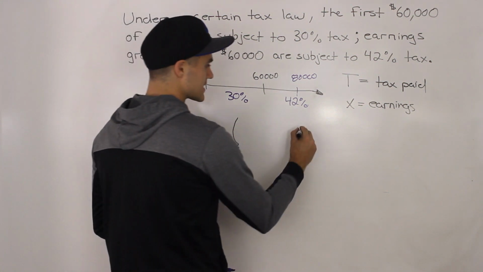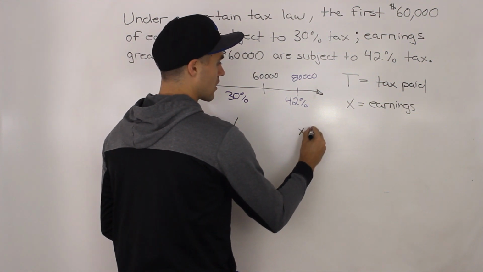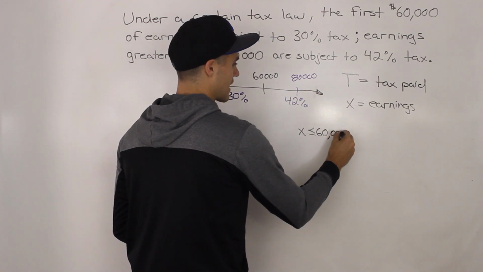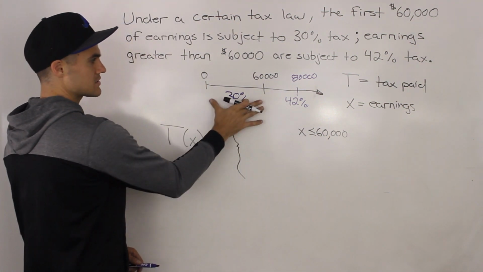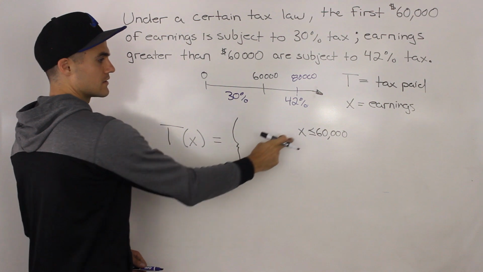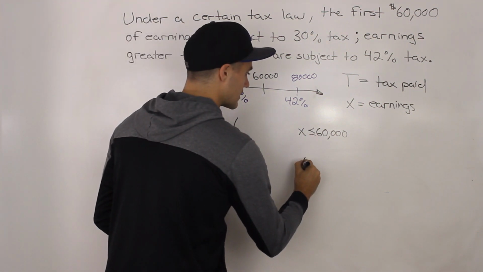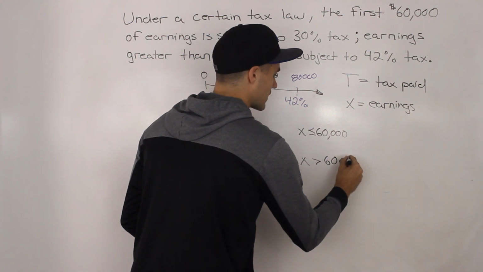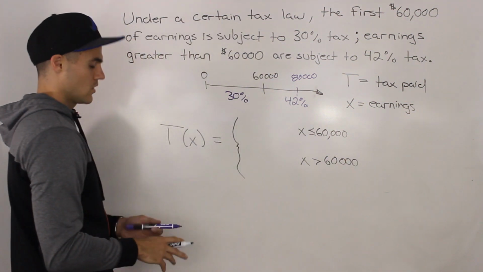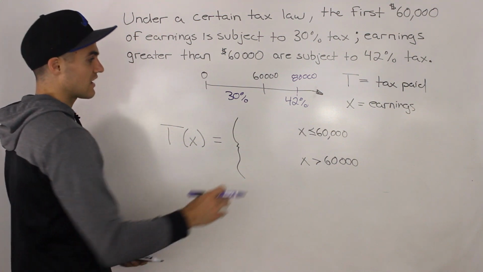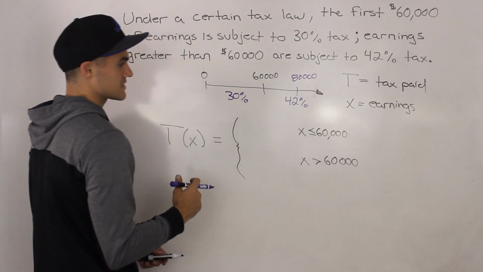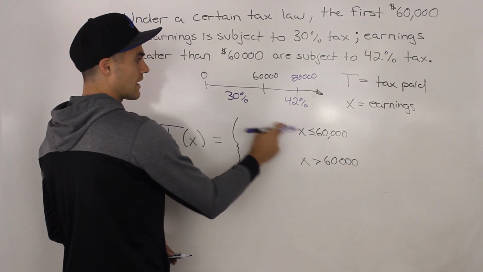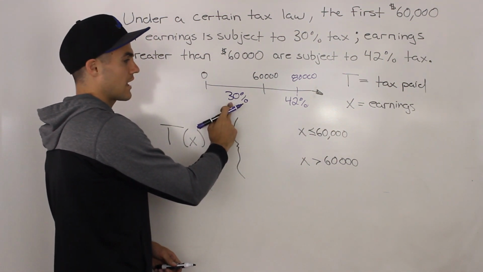So the first case is if the earnings are less than or equal to $60,000. Right? So that's going to be this case here. So that's going to be the first case. And then the other case is if earnings are greater than $60,000. Well, as we mentioned, if earnings are less than or equal to $60,000, all you're doing is taking that earnings and taking 30% of that.